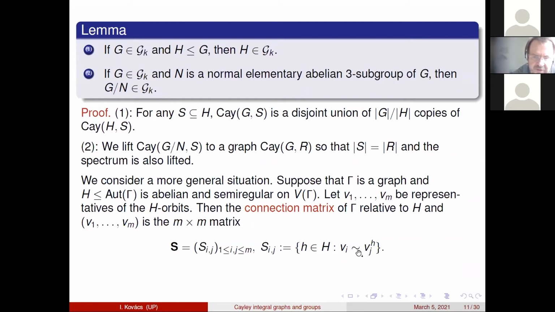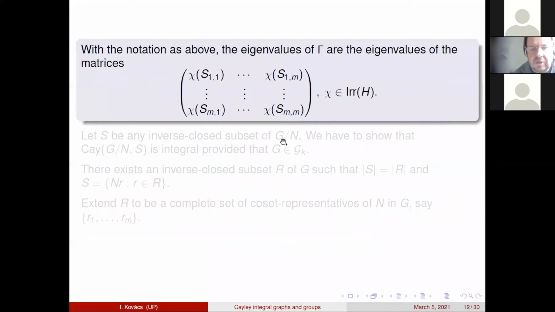Because we have the semi-regular group, it is enough to look at the neighbors of one representative in the other orbit, and these are, of course, images of vj. So what we are doing is something like a connection set for a Cayley graph, because on each orbit we see a Cayley graph. On the diagonals, this is just a connection set of a Cayley graph. And between other orbits, in the non-diagonal blocks, you will see some kind of bi-Cayley graphs.